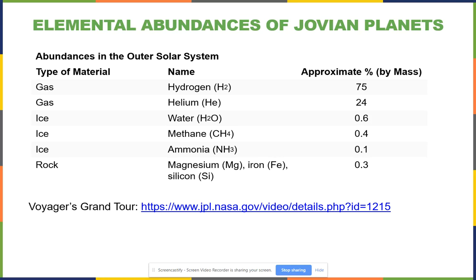The composition of gases: 75% by mass hydrogen gas. Now keep in mind, hydrogen gas is a very low mass gas. Hydrogen gas is 2 atomic mass units per molecule, 1 atomic mass unit per atom, but there are 2 atoms. Helium is twice that at 4 atomic mass units per molecule. Helium is monatomic.